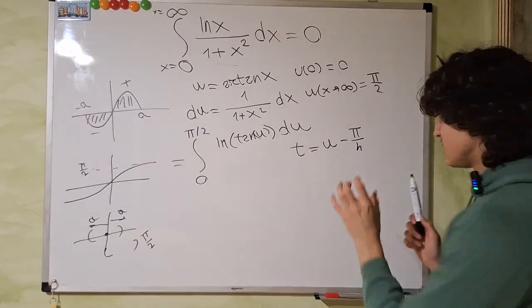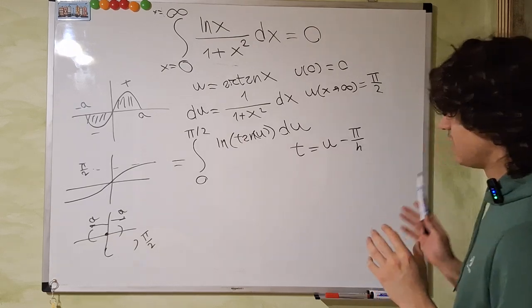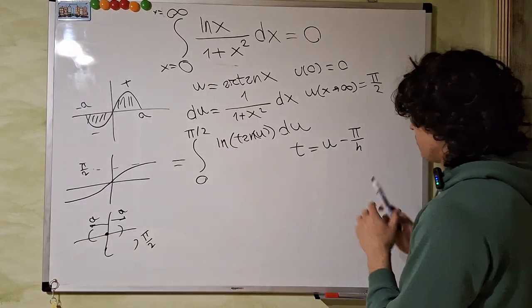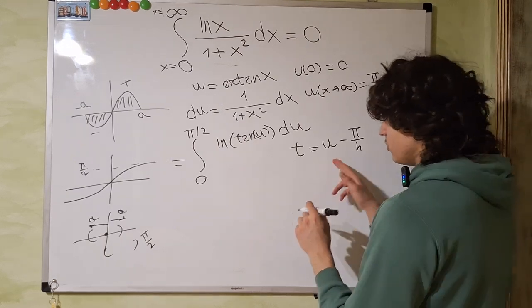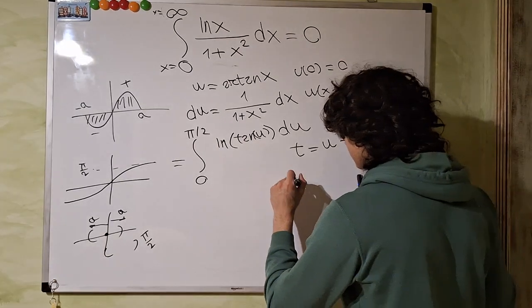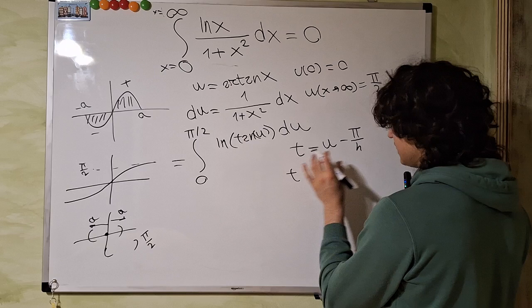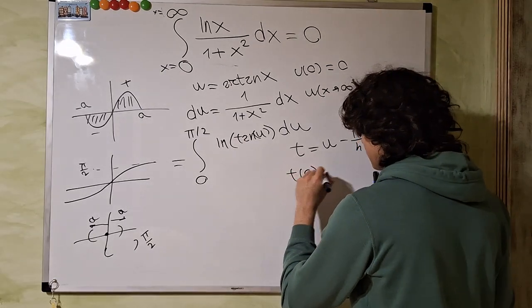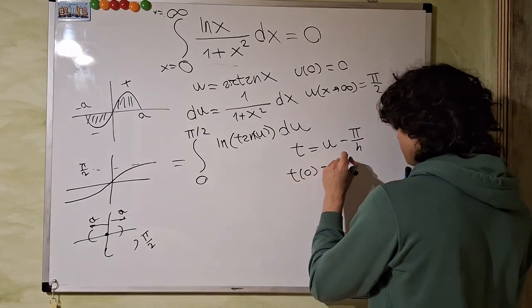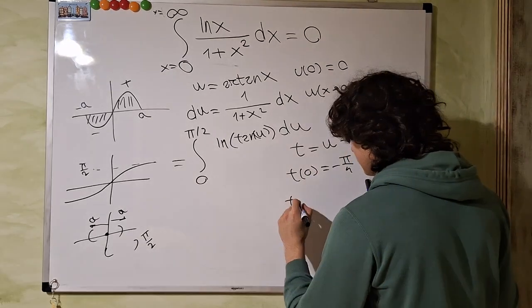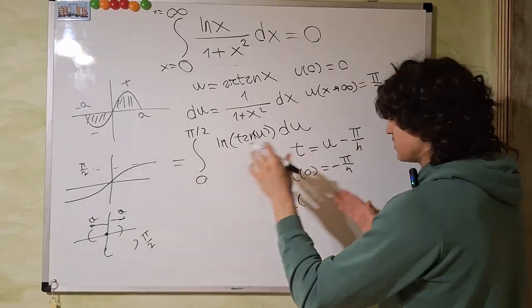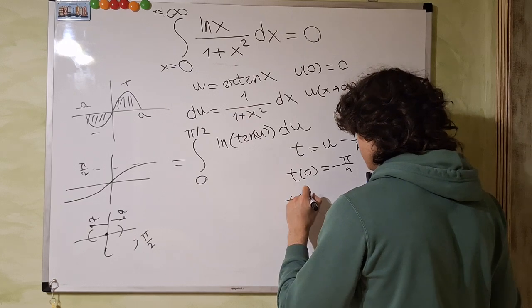Now, let's look at this formula and learn what it is telling us. If we have u equals 0, then t of 0, because t is a function of u, of course, equals 0 minus pi over 4, it's minus pi over 4. But what if we put u equals pi over 2?